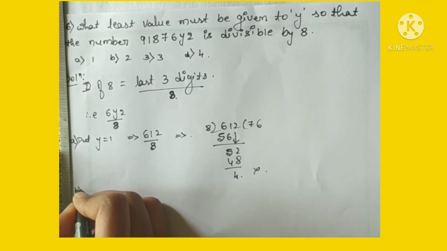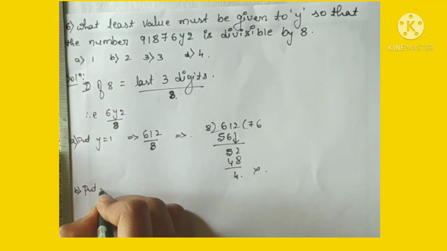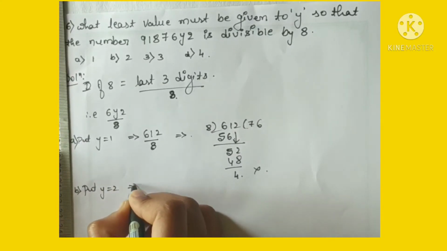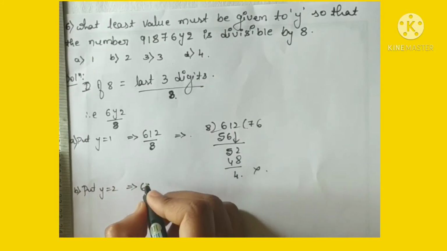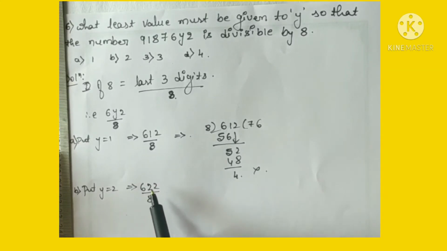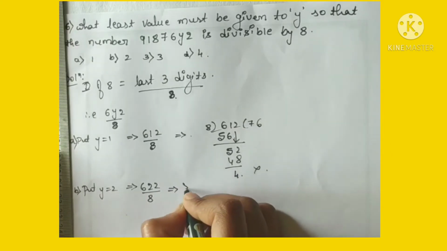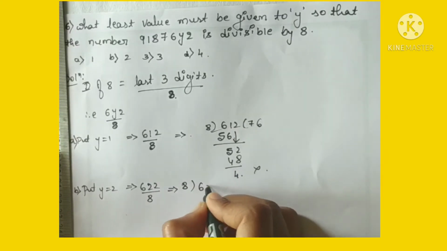Next I will go for option B, that is y is equal to 2. 622 by 8. I just replace the value of y by 2. Now I just divide it. 8, 622.